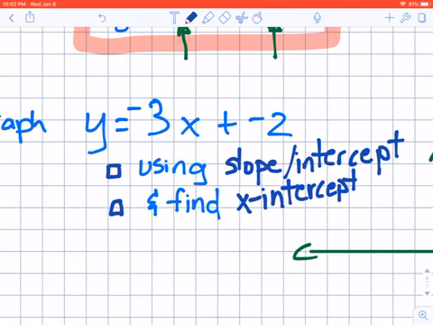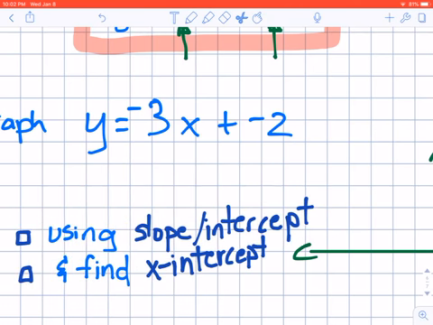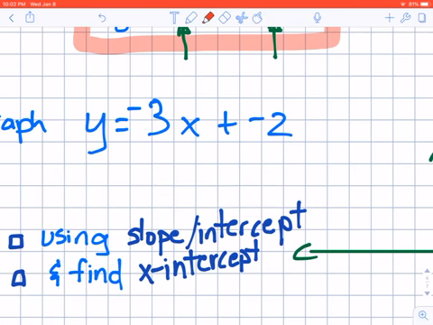All right, item number one. We need to identify what that slope and y-intercept are. So, to do that, we look in our equation, we say what's being multiplied by the x, and it's the m. There it is. When you write this out, make sure that you write it not as a simple number, but as a ratio. In this case, negative 3 doesn't have a denominator, and so we put a 1 here.